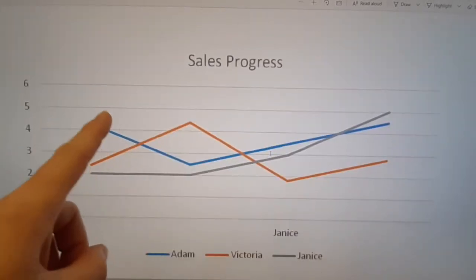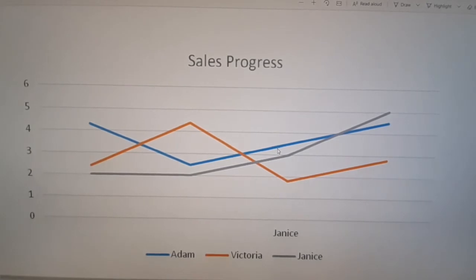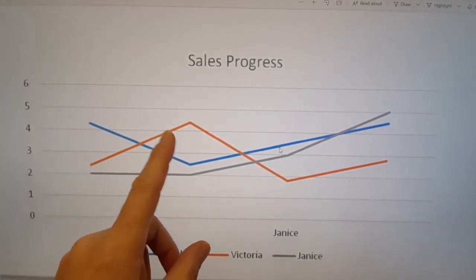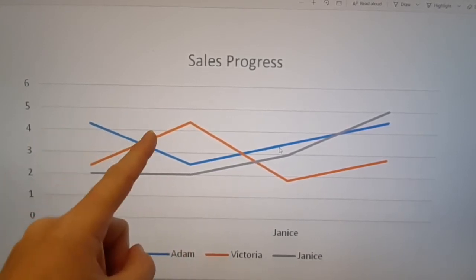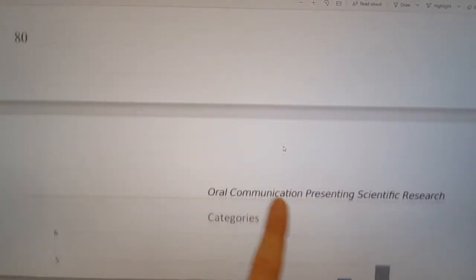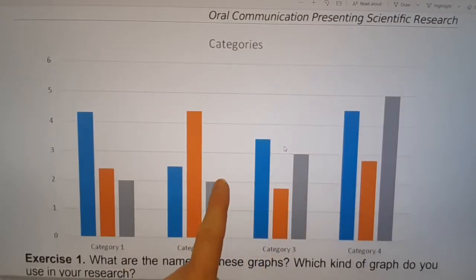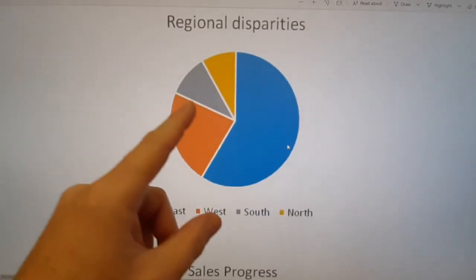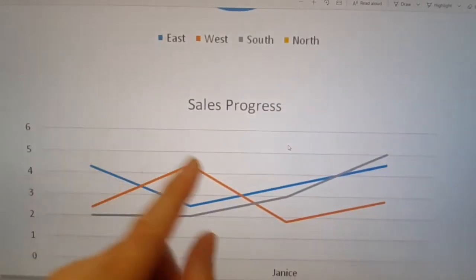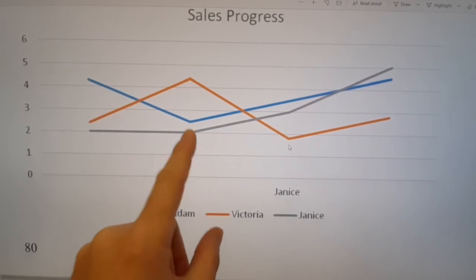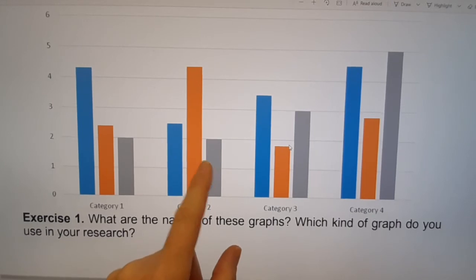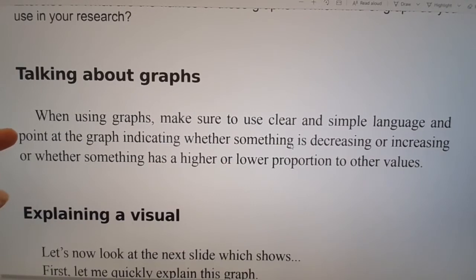Whereas, pričom, na druhej strane, this is a line chart, and then we have here a bar graph. So we have here a pie chart, a line chart, or line graph as well. But this isn't a chart, this is a bar graph, the bar.